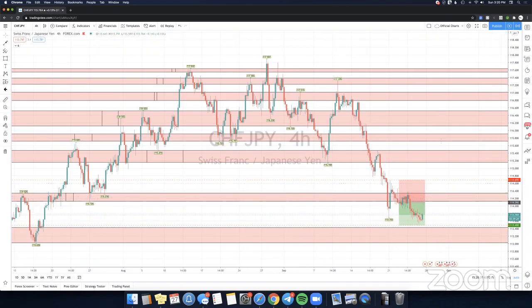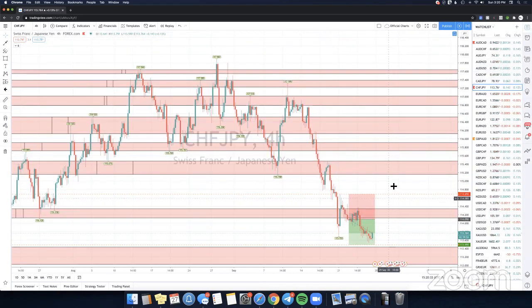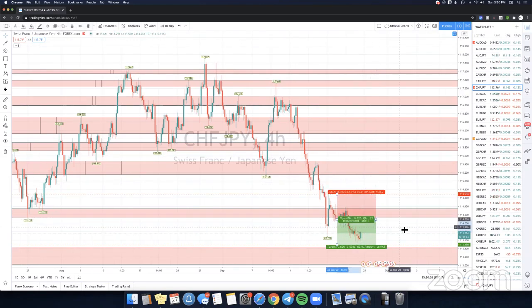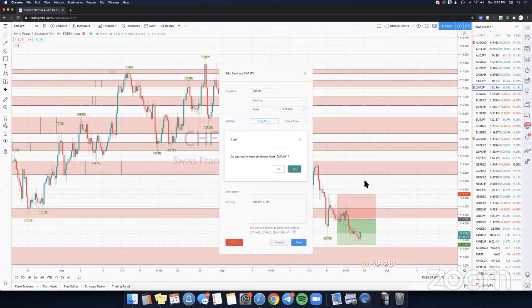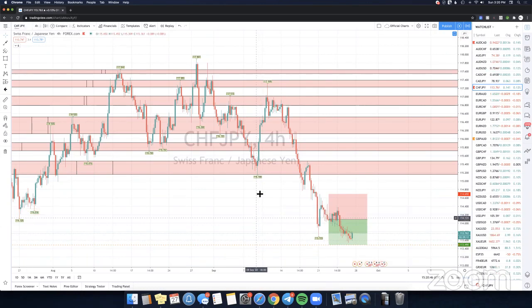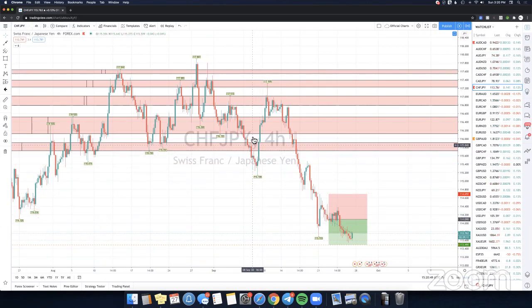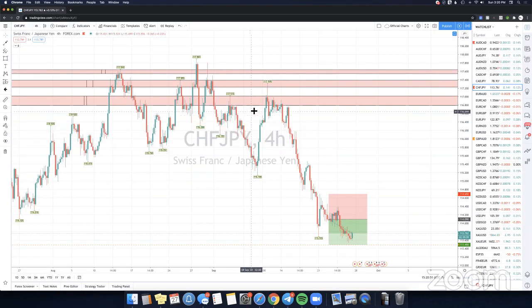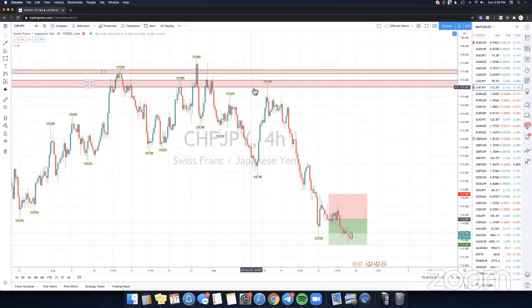So let's see, is this still active? Yeah, so this is still active right here. We still have this active CHF JPY pair. Just gonna delete this. So this is technically still active right here, so I'm just gonna delete these zones over here, and then I'll just redraw the zones for you guys.